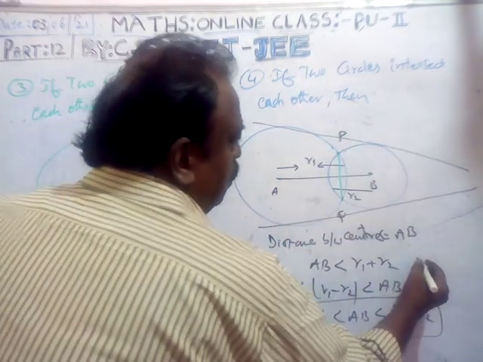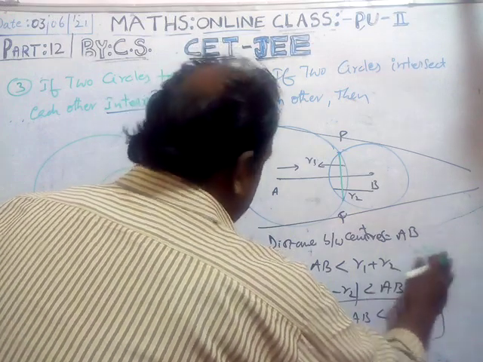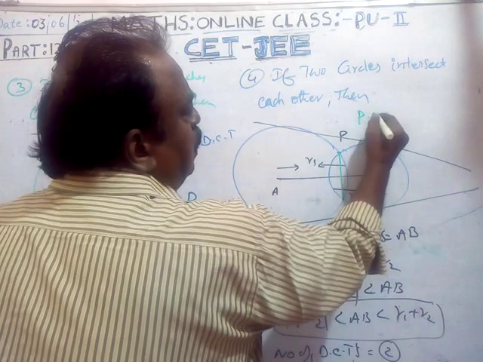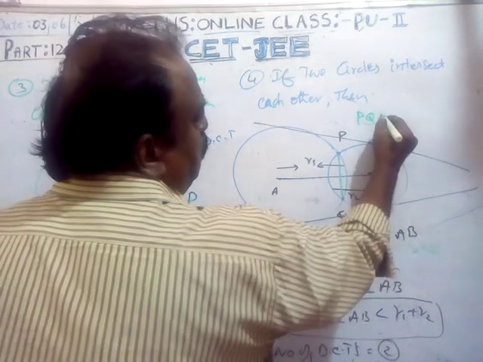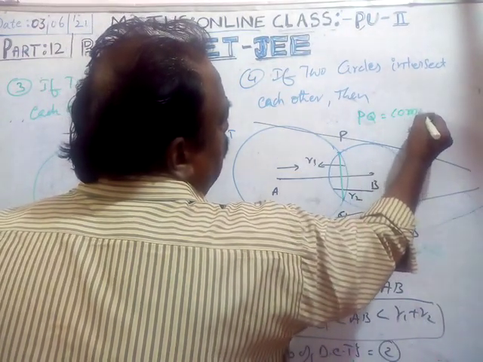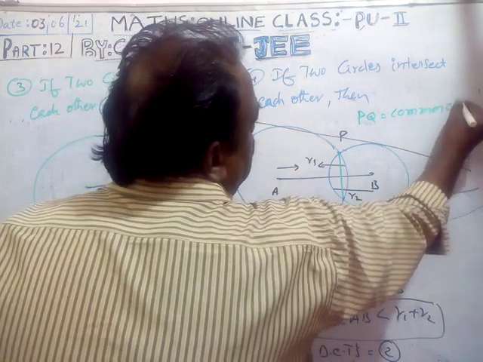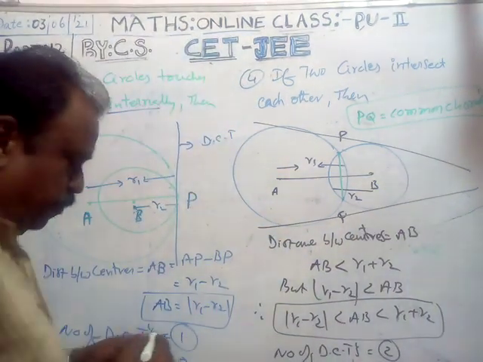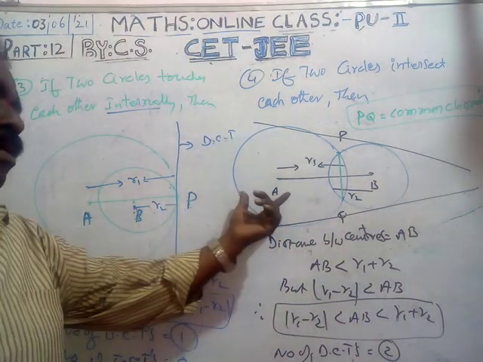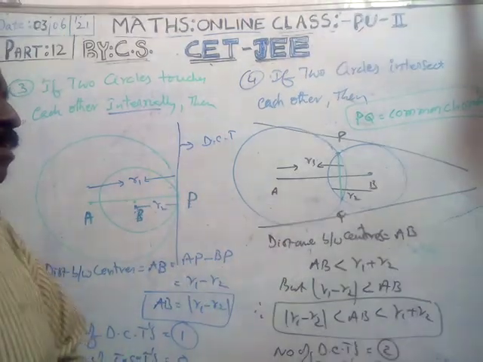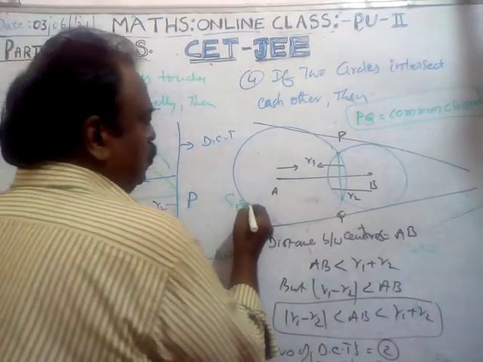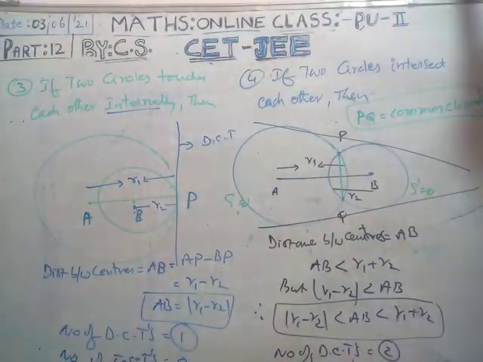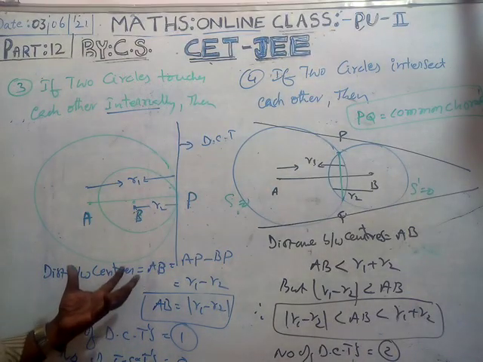Here PQ, I will write, that line segment is called a common chord. That PQ is a chord to the first circle as well as the second circle. The first circle is S equal to 0 and the second is S dash equal to 0. A very good concept is there. Please observe.